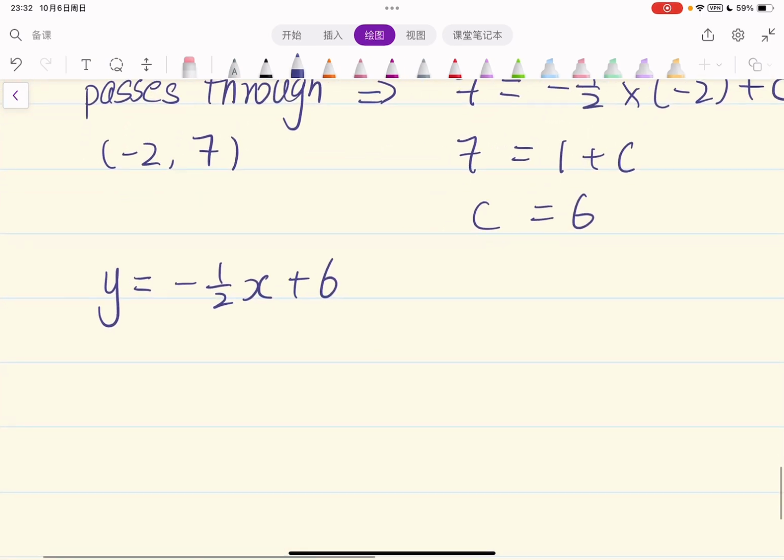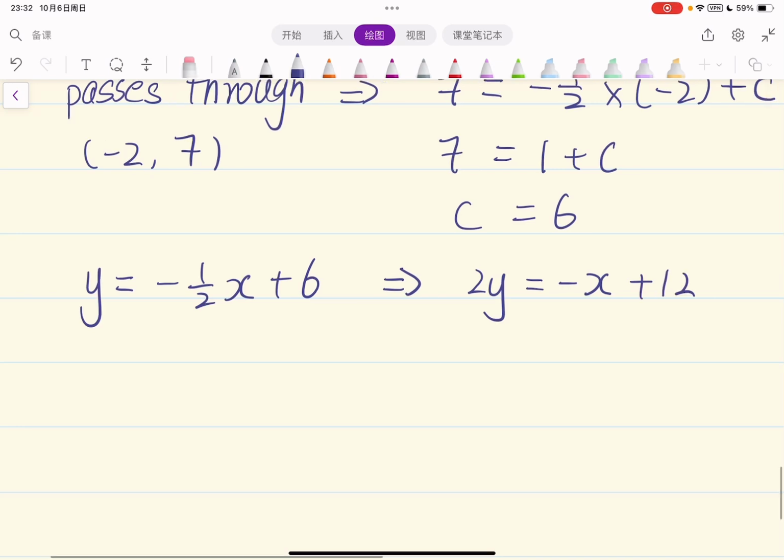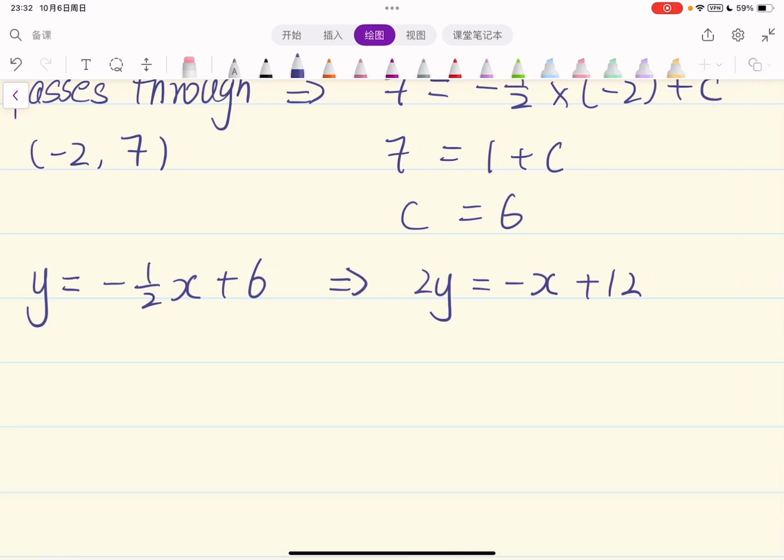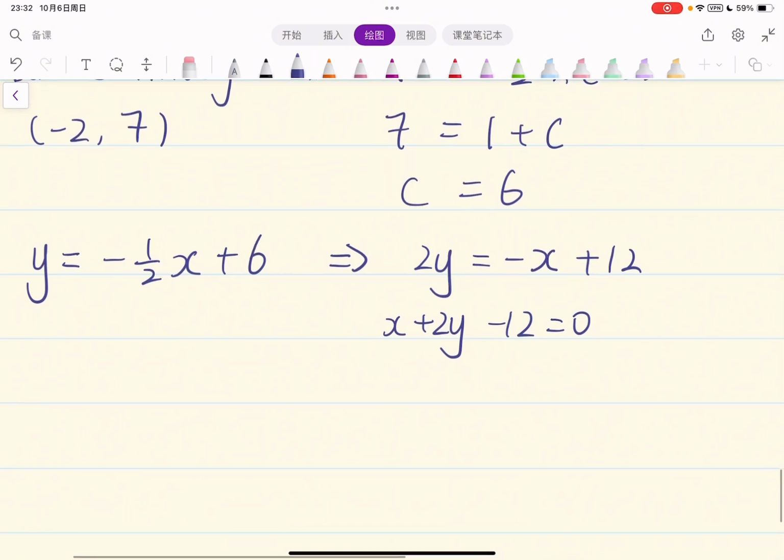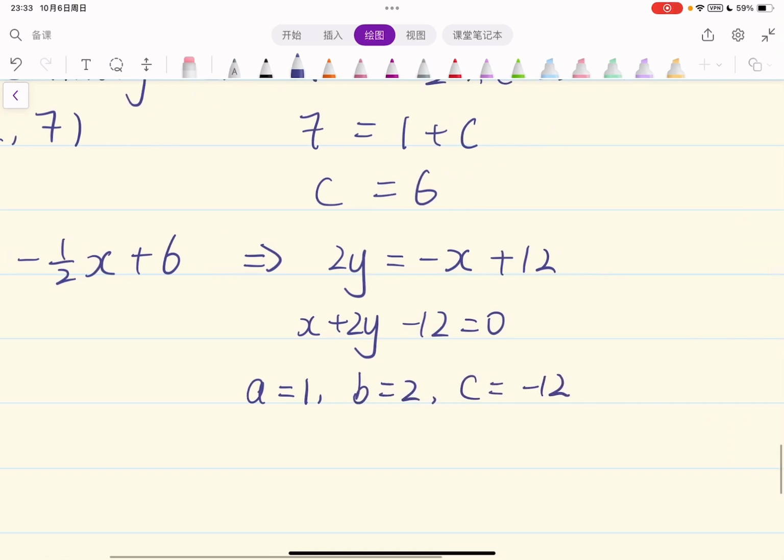So we multiply by 2 on both sides. We have 2y = -x + 12. And we let the right hand side be 0. We have x + 2y - 12 = 0. So we have a = 1, b = 2, and c = -12. So this is the equation of L1.